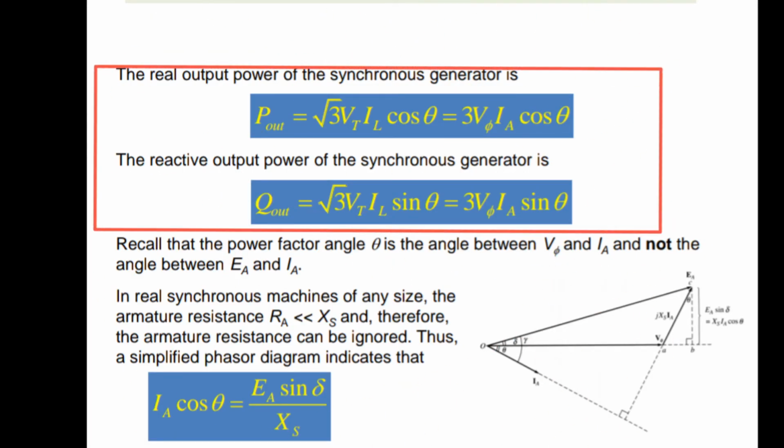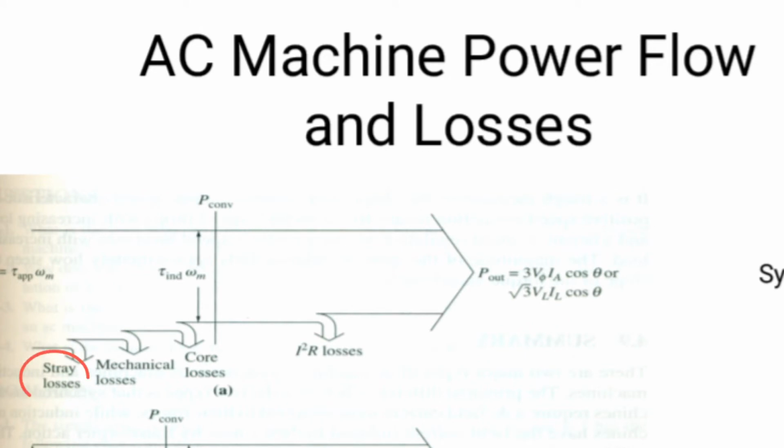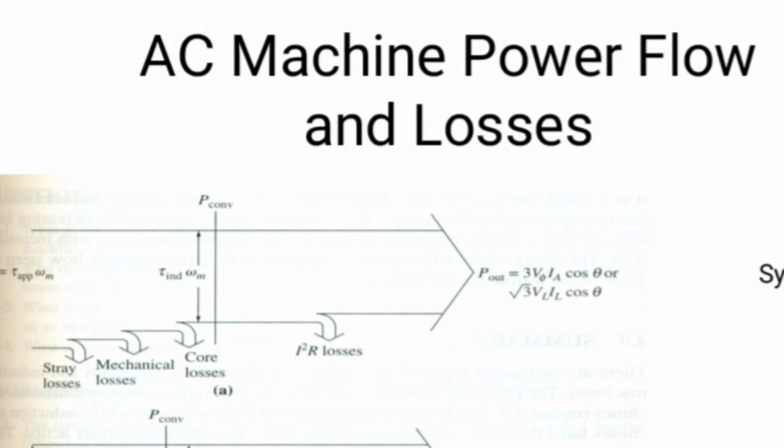This is power output equations in active power and reactive power. Here are the losses in input power: stray losses, mechanical or rotational losses, and core losses, that is eddy current and hysteresis, and ohmic losses.